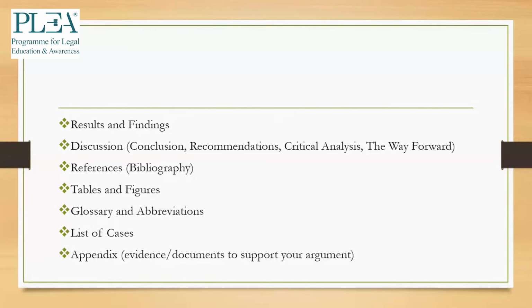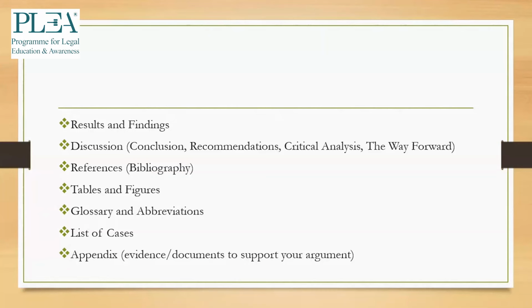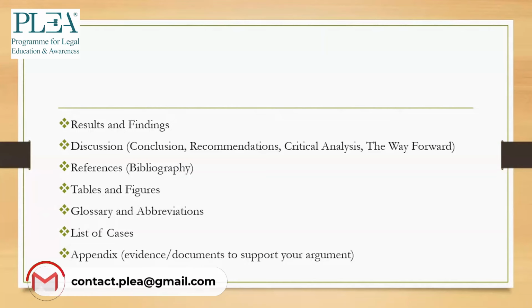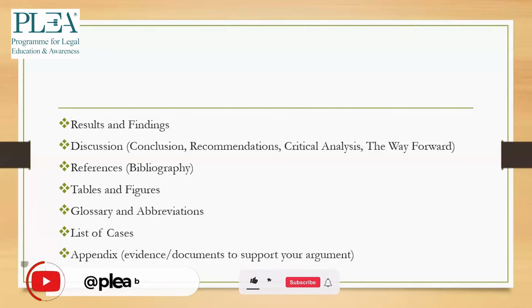You need to give a proper bibliography, the list of things that you referred to, without which your research will not be accepted. You cannot say that you did everything on your own, or that this is everything in your own words. It might be in your own words, but you have referred to certain material which was already available in the public domain. So you need to give references, which is very important.